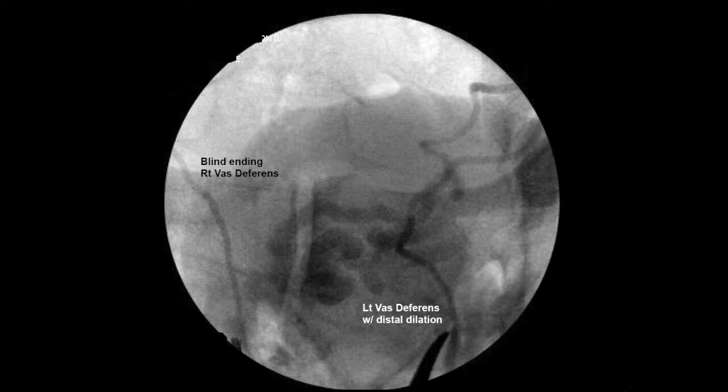The patient elected to undergo a bilateral testis biopsy for diagnosis, sperm retrieval, and cryopreservation, together with a formal microsurgical vasotomy and vasogram, and possible reconstruction. The vasogram, demonstrated here, shows a blind-ending right vas deferens and dilation of an abnormally elongated and convoluted distal left vas deferens.